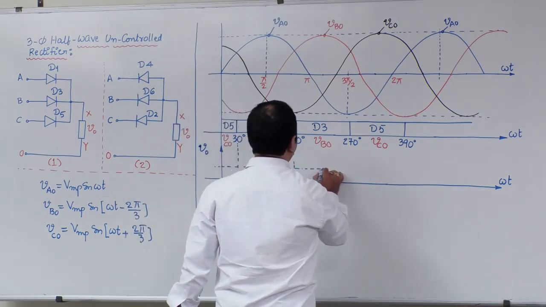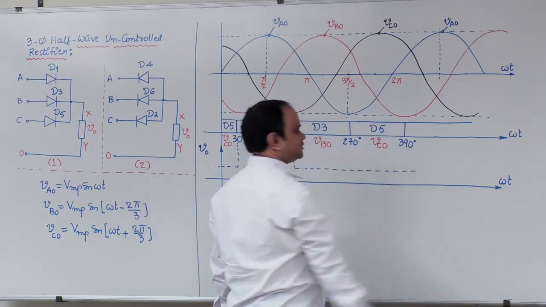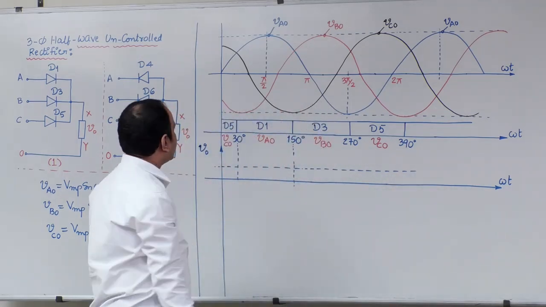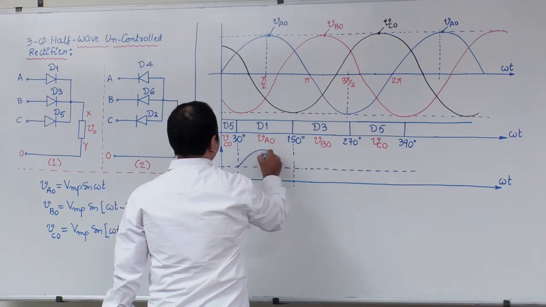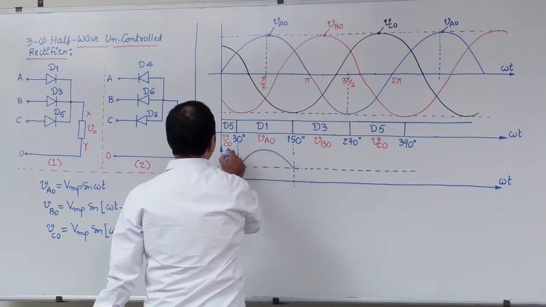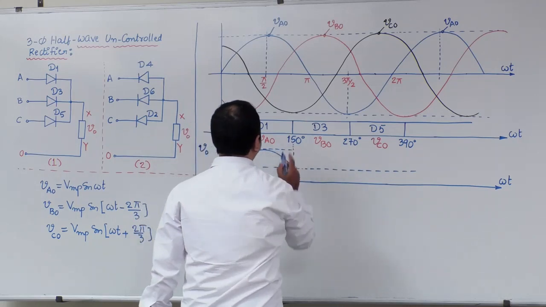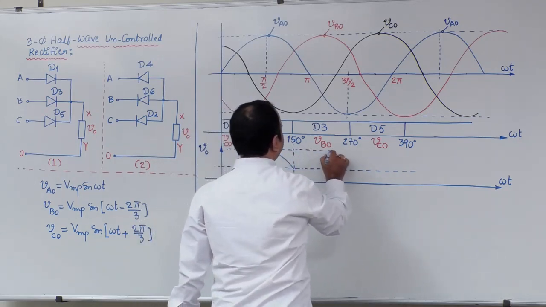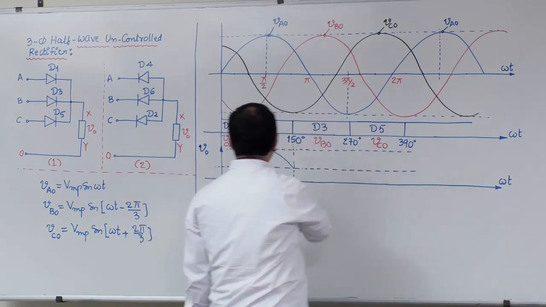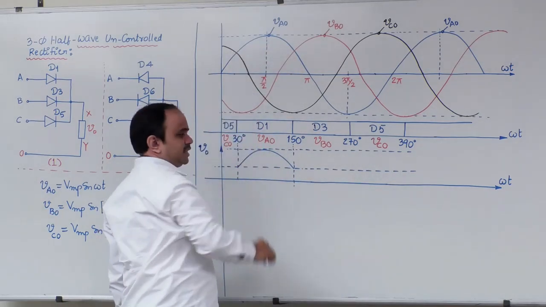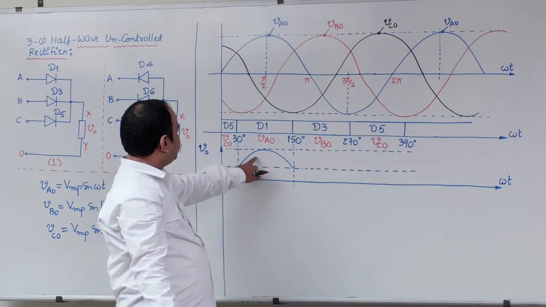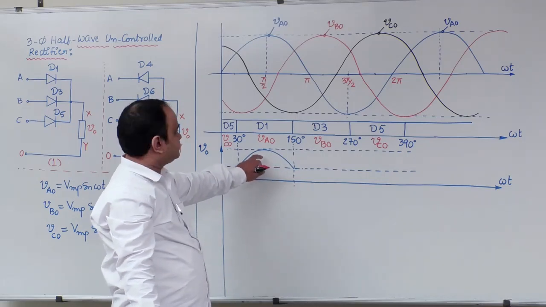Just have a look at the source voltage. The VAO waveform, the blue color sinusoidal, is like this. If you draw this particular portion at the load side, you will get a V0 waveform something like this.